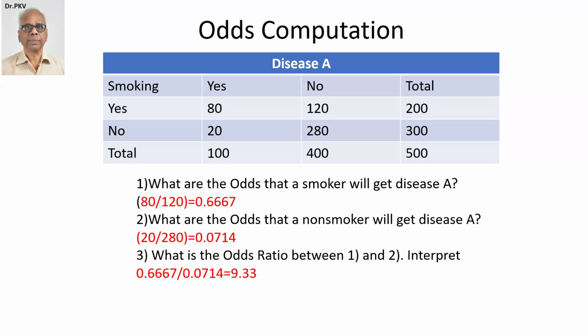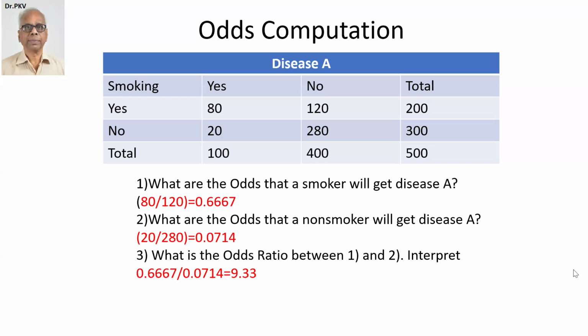In other words, for a smoker getting the disease, the odds are 0.667 to 1. When it comes to the non-smoker getting the disease, the odds are 0.714 to 1. That's the beauty.